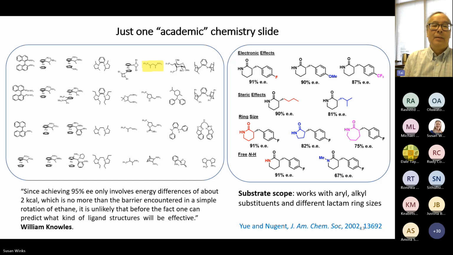And the traditional wisdom that conformational rigidity in the ligand, when it combines with the metal center, will give high selectivity is kind of not applying here. But in our paper, we quote the Nobel laureate, William Knowles, who is also a process chemist in industry. And he stated seriously, 95% EE only involves a 2 kilocalorie energy difference. So any kind of prediction before the fact actually is relatively difficult. Next, please.